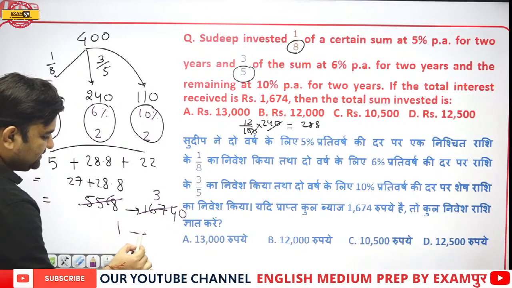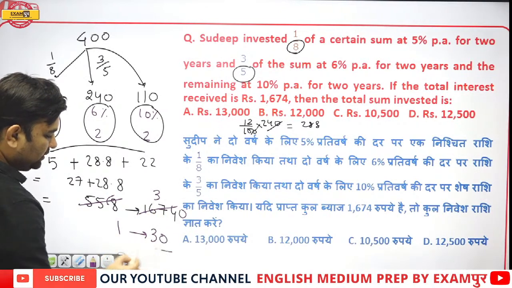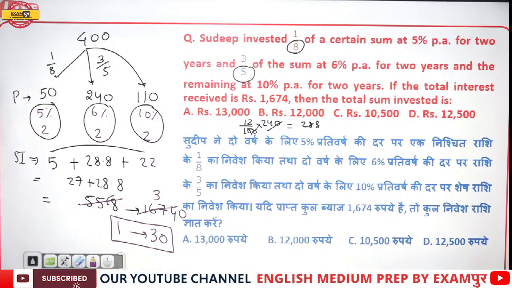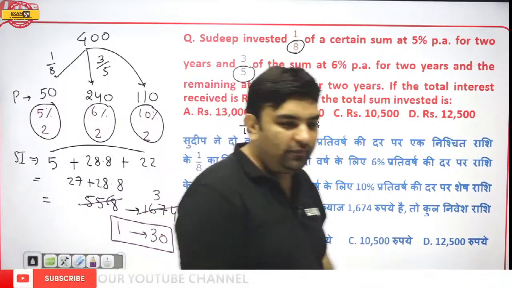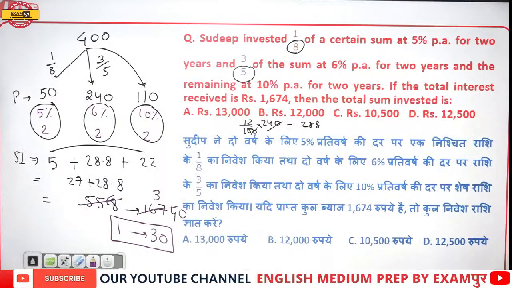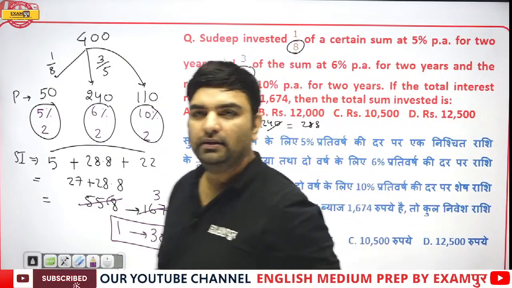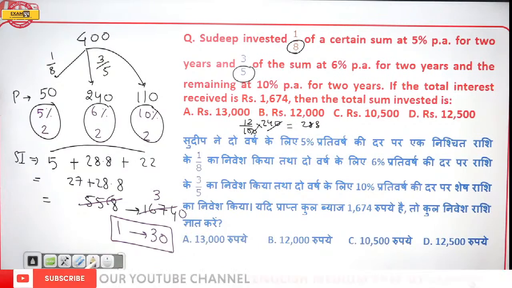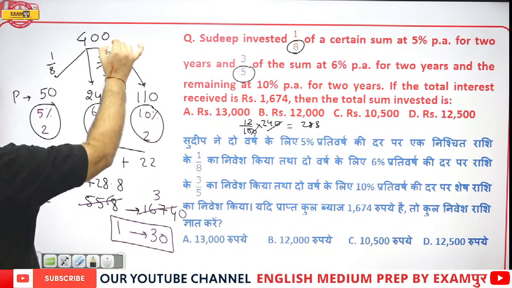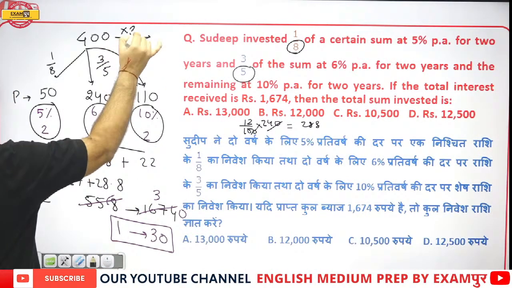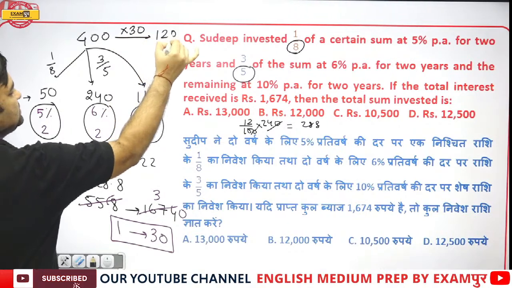You might have identified the multiplication of 3 over here. So 1 is equal to 30. So principal is 400 into 30, that is 12,000.